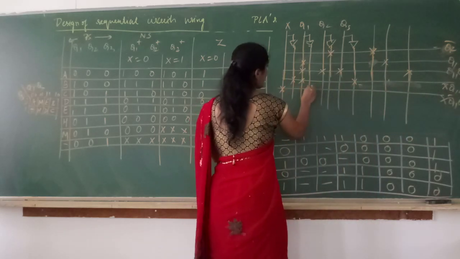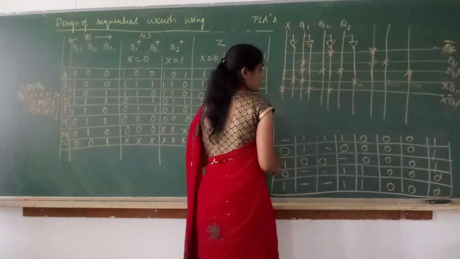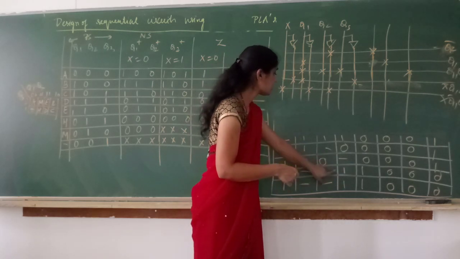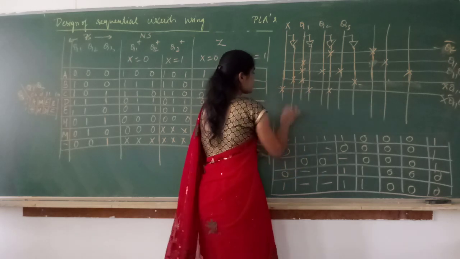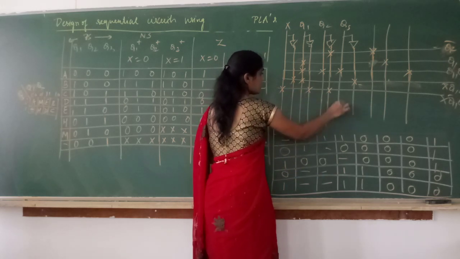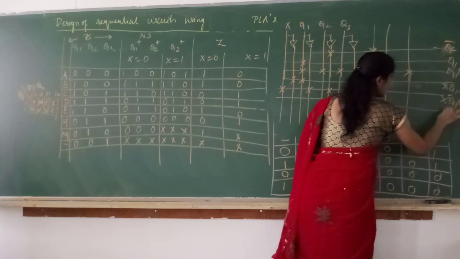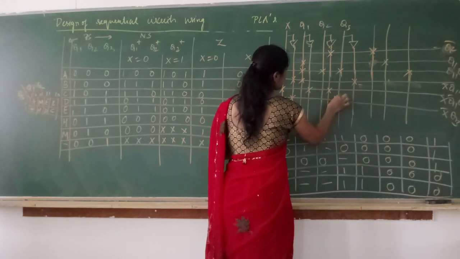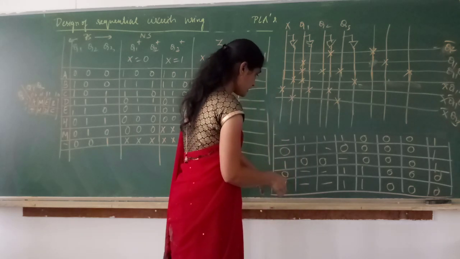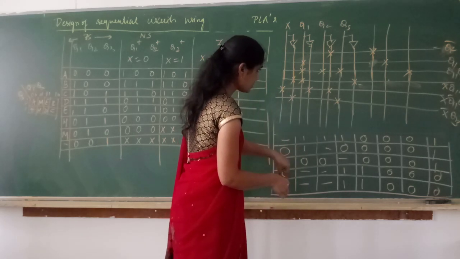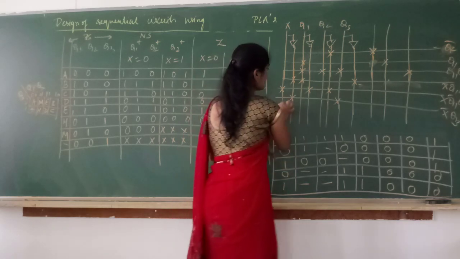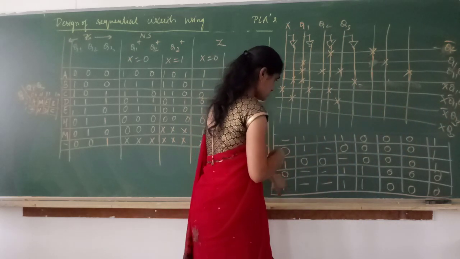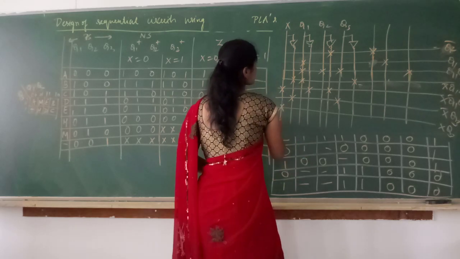Then for Z we have X bar Q3. Where is X bar? This is X bar and this is Q3. Similarly, one more product term we have, that is X Q3.